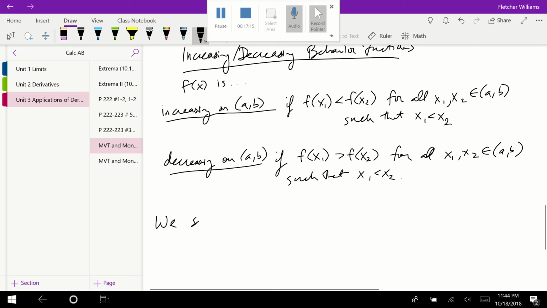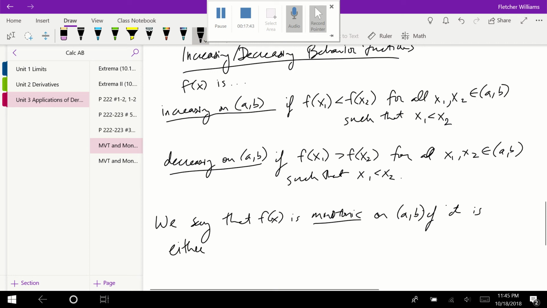We say that f of x is monotonic, like one tone, on some open interval a comma b if it is either increasing or decreasing on (a,b).